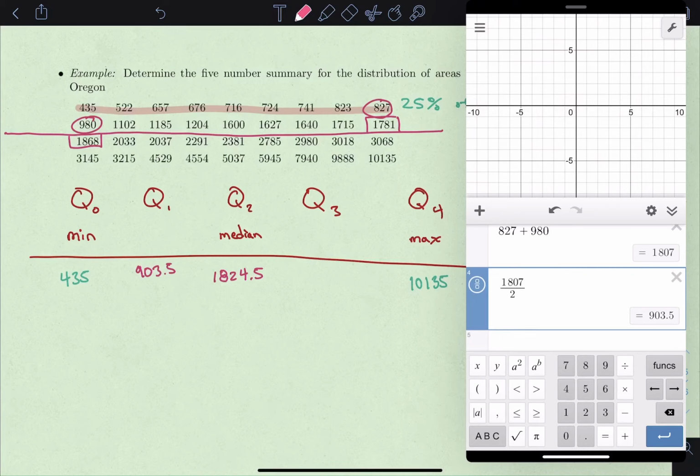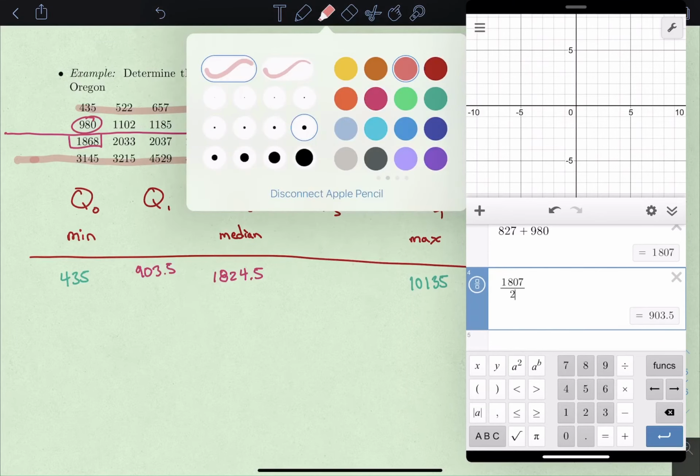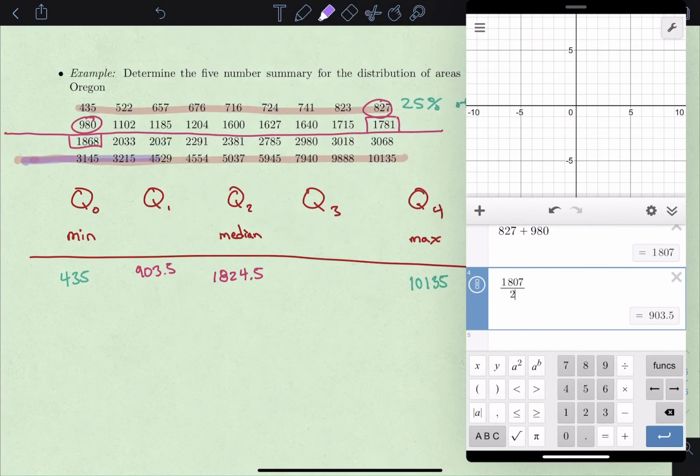Similarly, for Q3 we want a number that's smaller than everything in that highlighted list at the bottom, but larger than all the numbers above it, these numbers in blue, because that will represent 75% being smaller and 25% being larger.